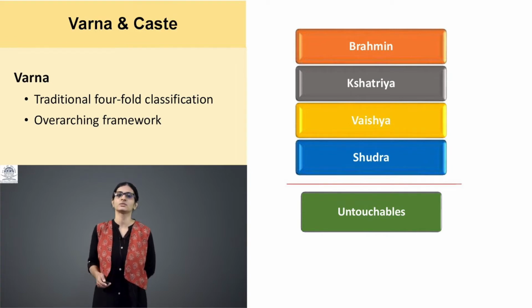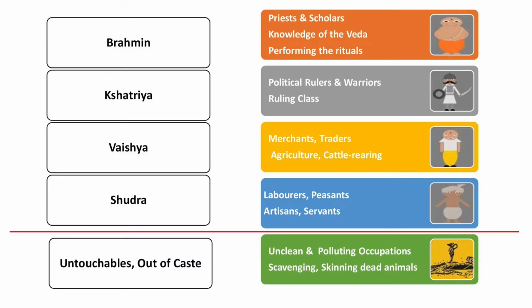So, into these four social categories, and it's an overarching broad framework. Now, Brahmins, usually the priests and the scholars, are seen at the top, and they are distinct for their knowledge of the Vedas. They are also the ones who perform rituals.